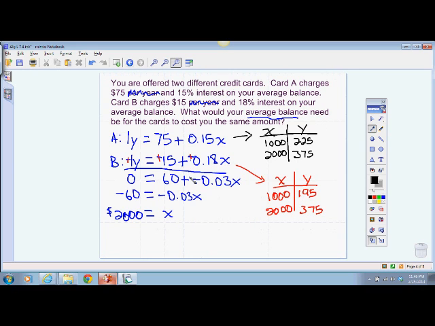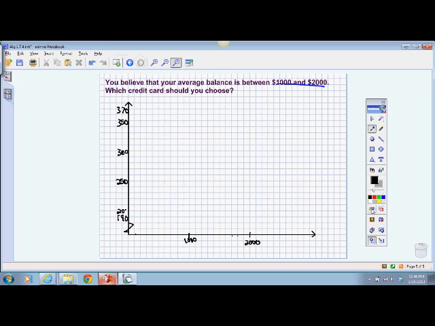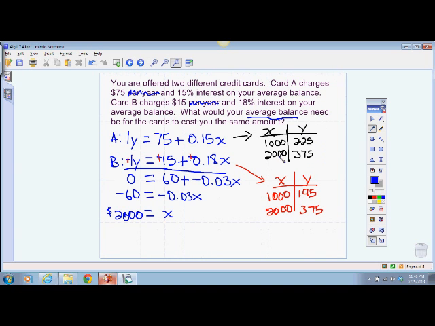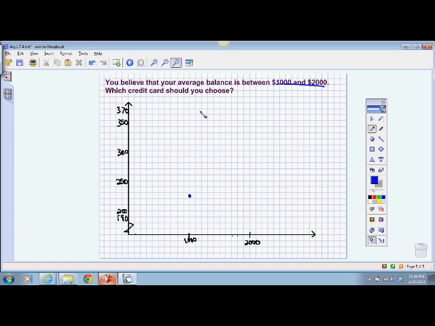Okay. So our first line, we're going to graph the points (1,000, 225) and (2,000, 375). So 1,000, 225, if I can get to write a 0 here. There we go. 1,000, here's 200, 210, 220, 225. It's going to be right in here. And then we have 2,000 up here to 375.